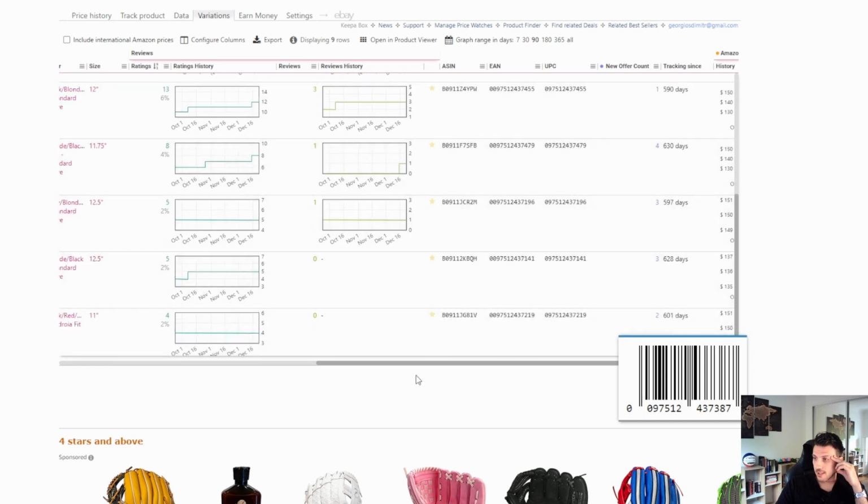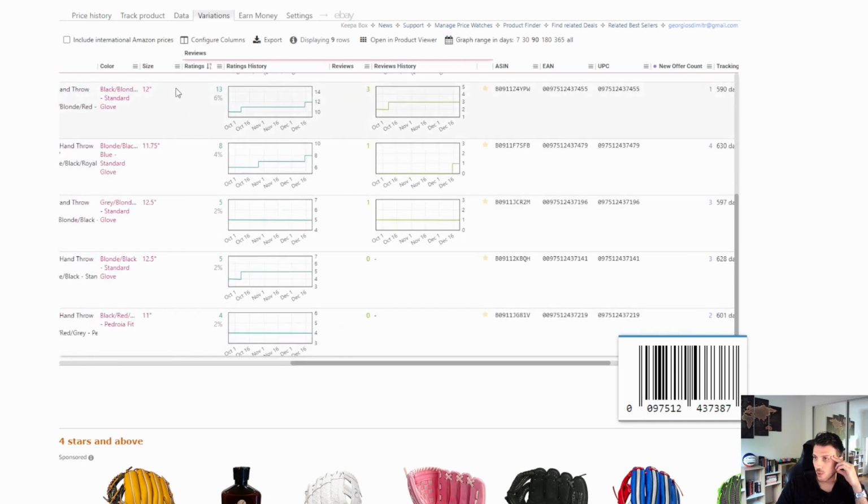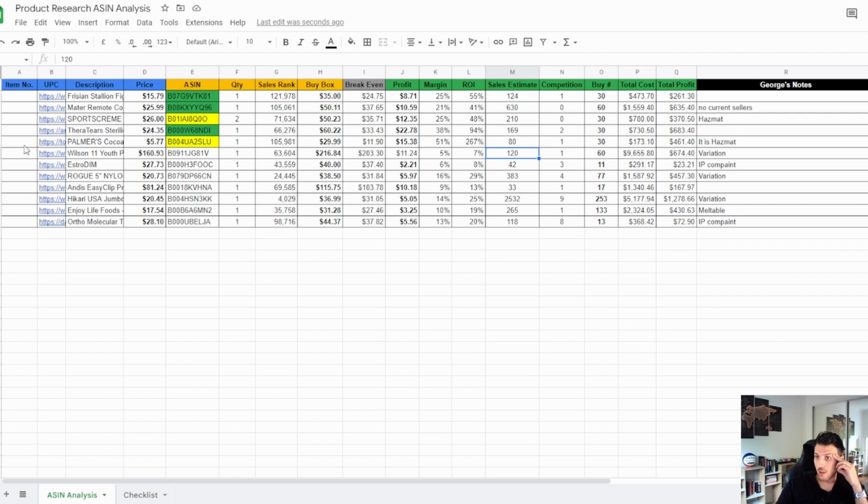If we come across it here and look at the ratings, it's 2% of this whole variation set. So we take this 120 and multiply it by 0.02, which is 2%. So it pretty much sells one unit a month for us.